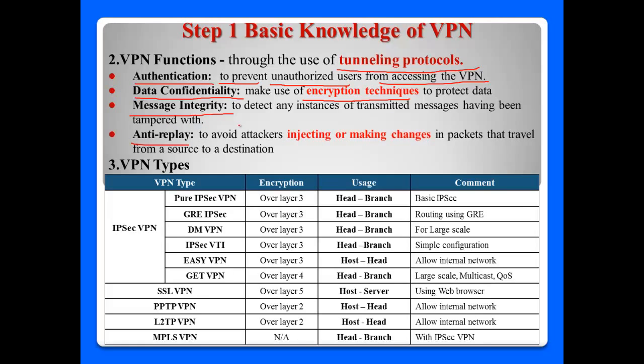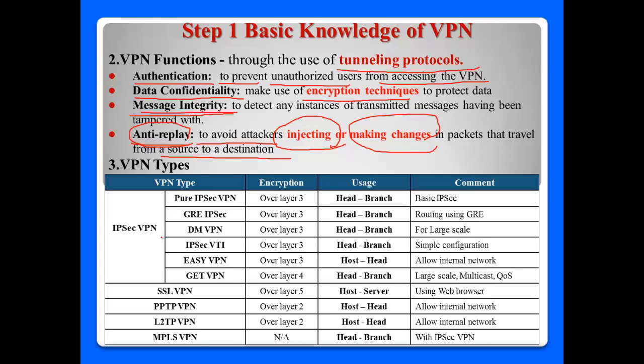In the middle, we can check or detect any changes with message integrity. Anti-replay: we can use the anti-replay feature to avoid attackers injecting or making changes in the packets traveling from source to destination. So if we use the VPN, this kind of VPN service supplies these features: anti-replay, message integrity, data confidentiality, and authentication.